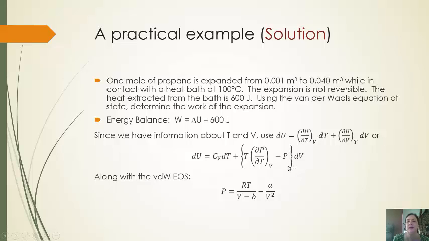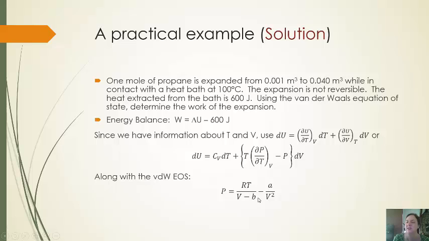Okay. dP dT at constant volume. They said I can use the van der Waals equation of state. Well, the van der Waals equation of state is fortunately written as P equals an expression in terms of volume. So I will be able to take this derivative with respect to temperature holding volume constant.